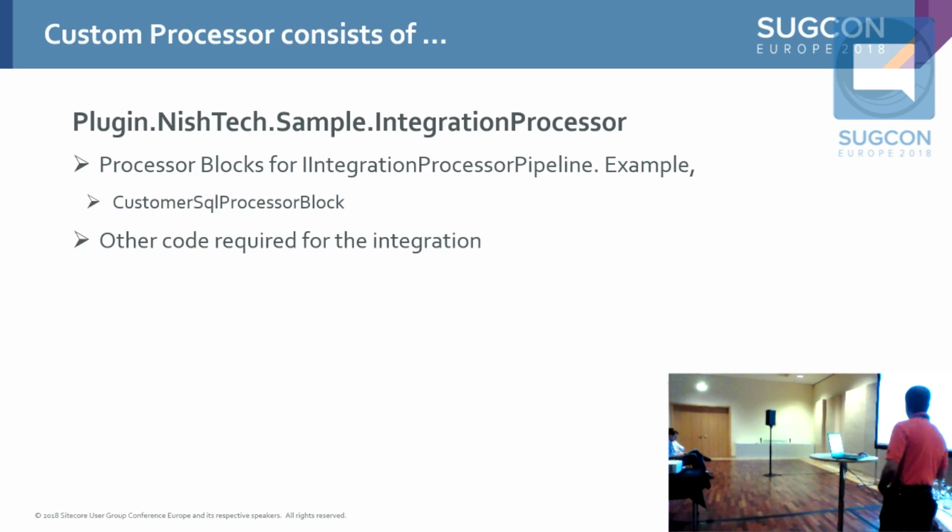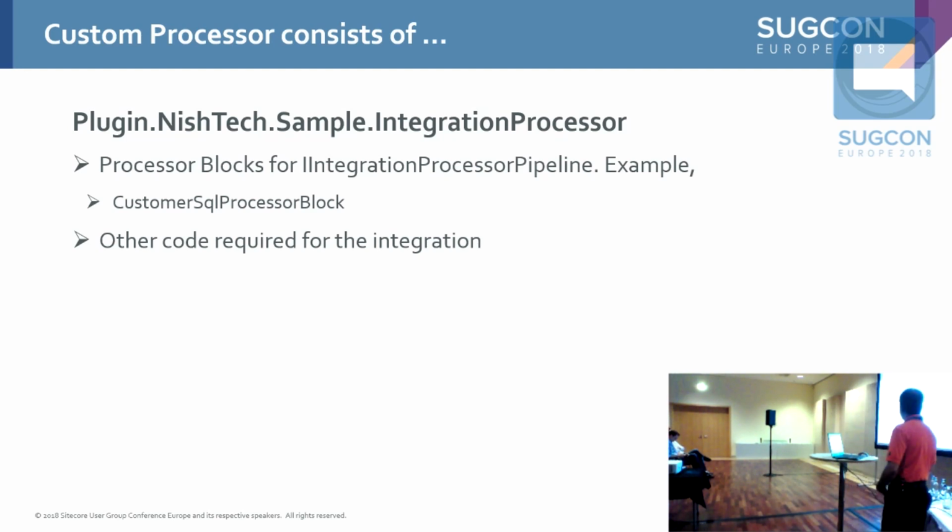The other project is the integration processor. This is just a sample integration processor we added here, which is extending the framework. So I want to connect to my ERP and get the product or get the customer. So I write my own custom processor for that.